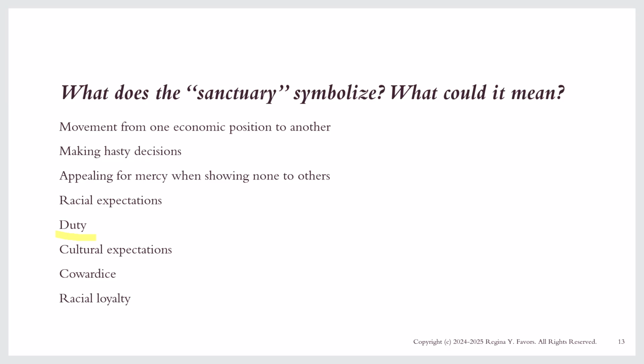They always think that they have a duty to someone else. But the thing is, you really have a duty to yourself to make sure that you meet the needs that you need to meet for yourself. And so, putting the needs of other people who are especially criminal in their activity is not good mentally or psychologically, let alone morally. So this is what sanctuary could mean throughout the story.